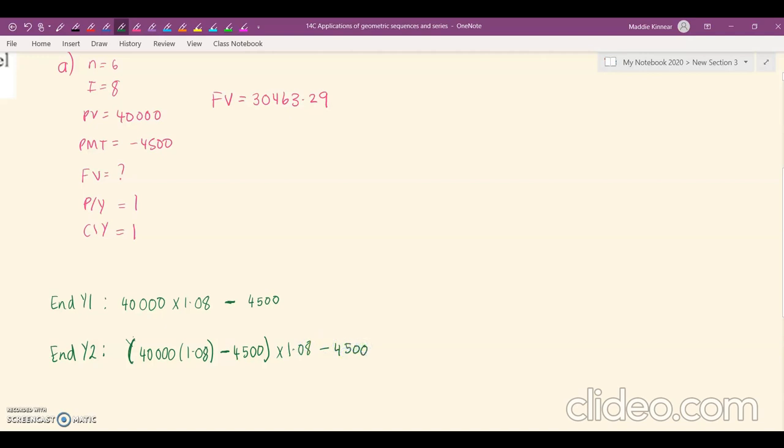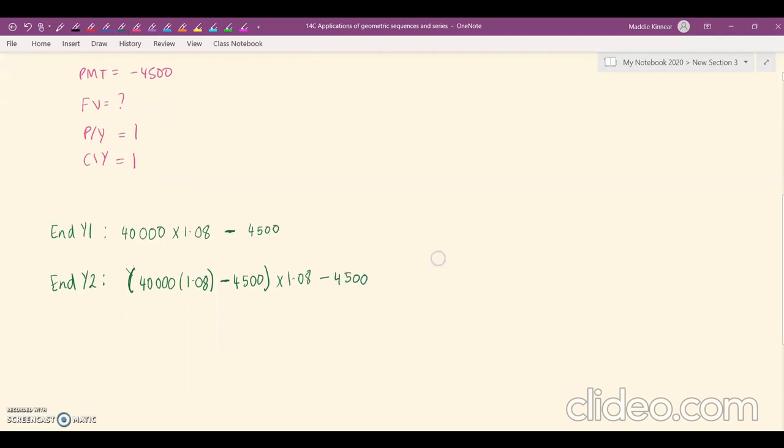So we remove another $4,500. And if I distribute this 1.08 to everything inside the bracket, we can see we're going to end up with something that looks like 40,000 multiplied by our 1.08 squared minus 4,500 times our 1.08 minus 4,500.